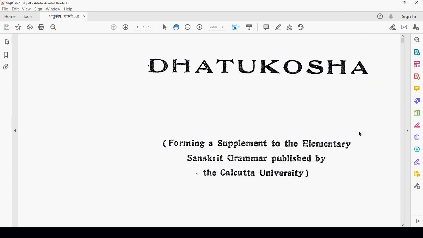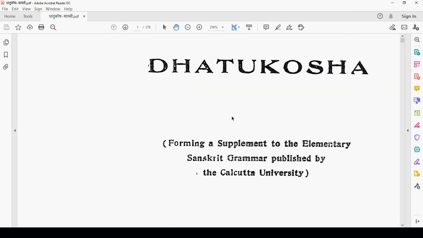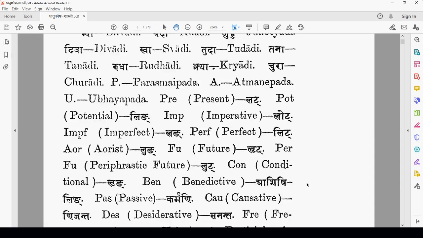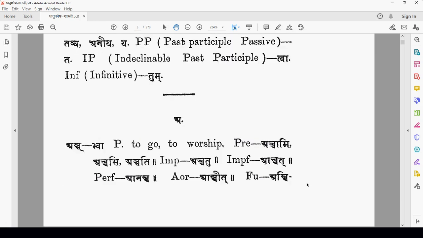This is a PDF you can download. This is a Dhatu Kosha, a dictionary of verbs. So we'll go down here. Initially there is some intro on how to look up, and there are different terms used in this dictionary.